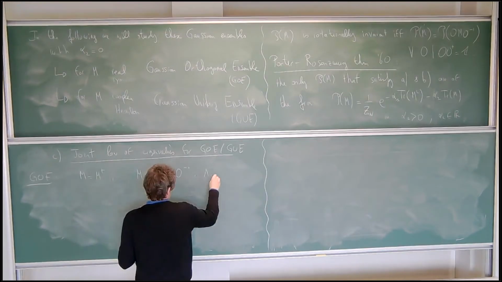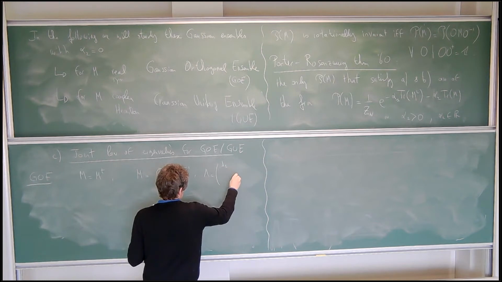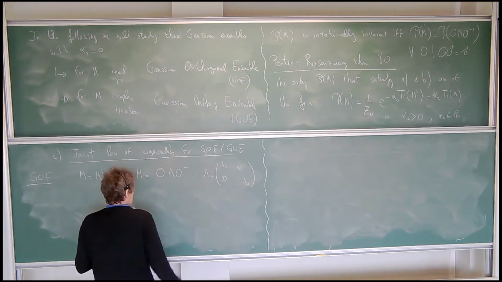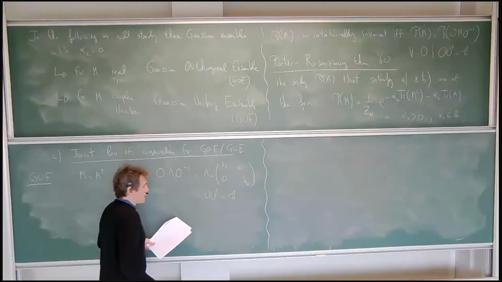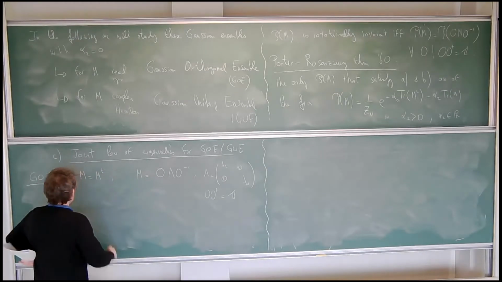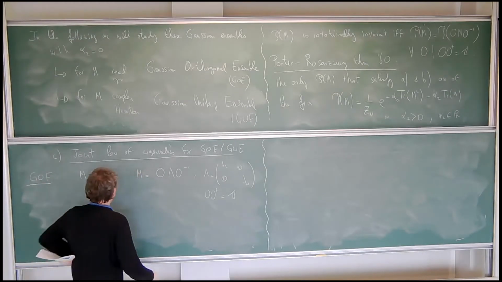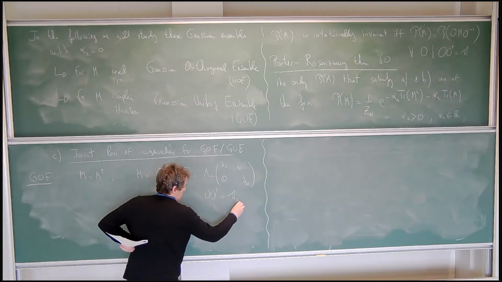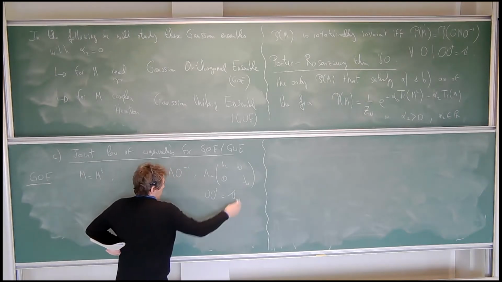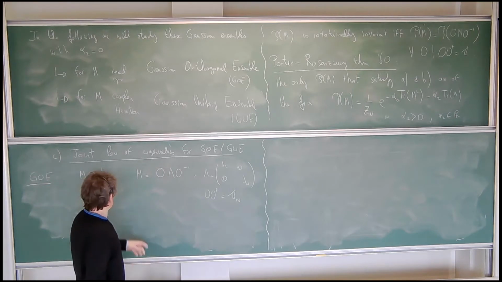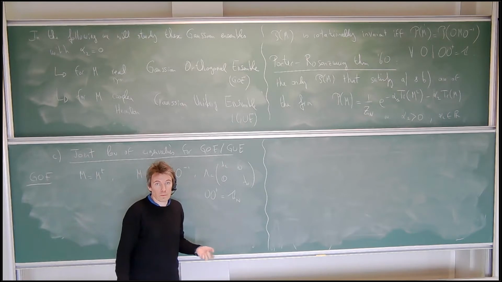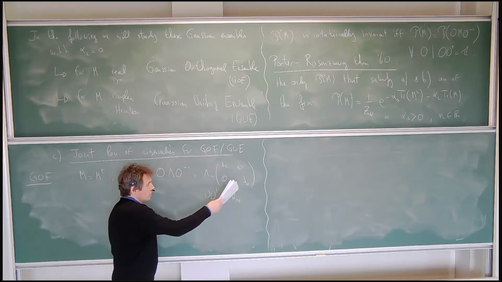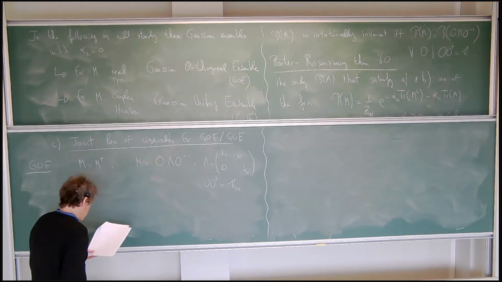Lambda is just lambda 1 to lambda n, and O transpose O is just the identity. These matrices have size n by n, so that's the identity of size n here, and I have n eigenvalues. Now, because the entries of M are random, you would expect the lambda i's to be random also, and you would like to compute the joint distribution of these lambda i's.